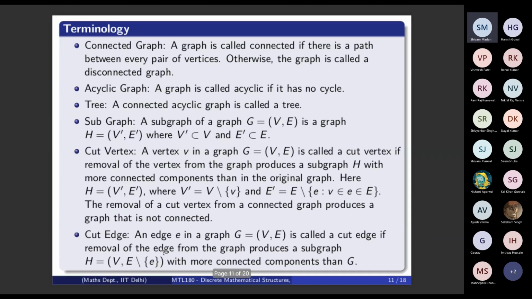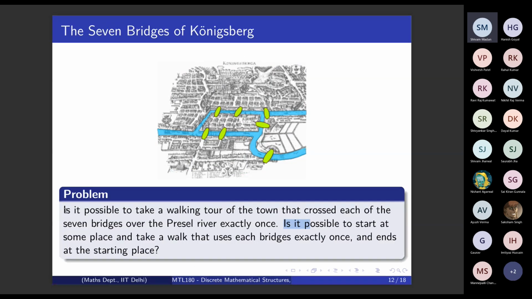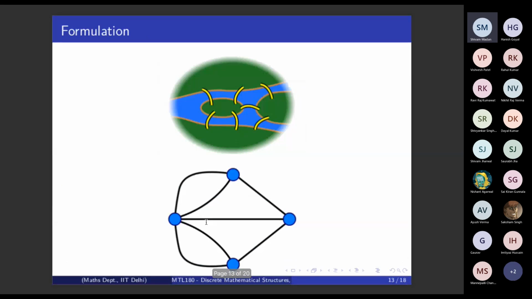That is the same as asking whether this graph has an Eulerian circuit. And the first problem is the same as asking whether this graph has an Eulerian trail. Both answers are no.